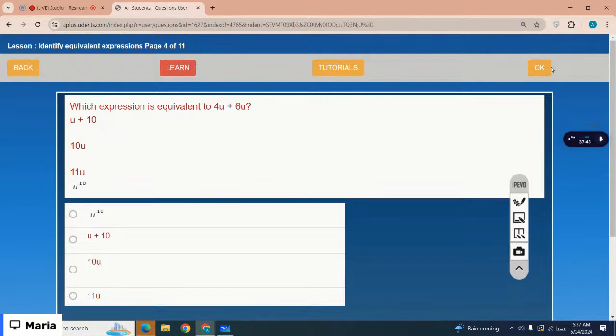Which expression is equivalent to 6u plus 4u? So which is the correct option? You have to add them. The correct option is 10u.